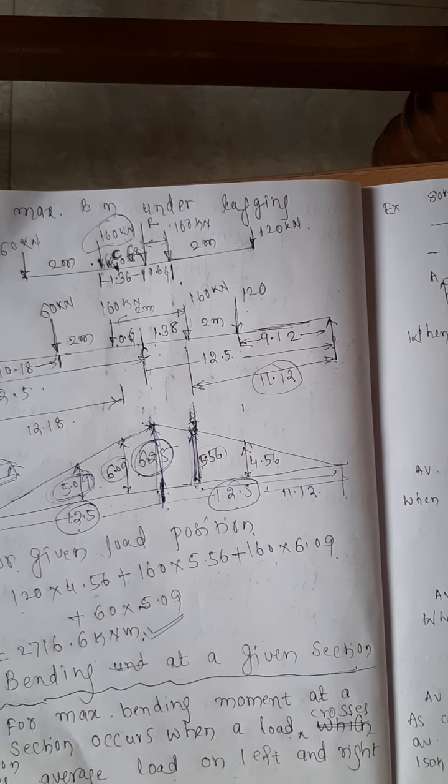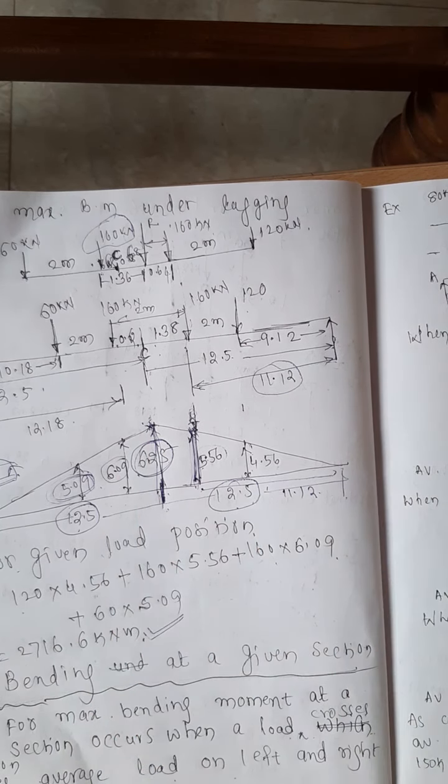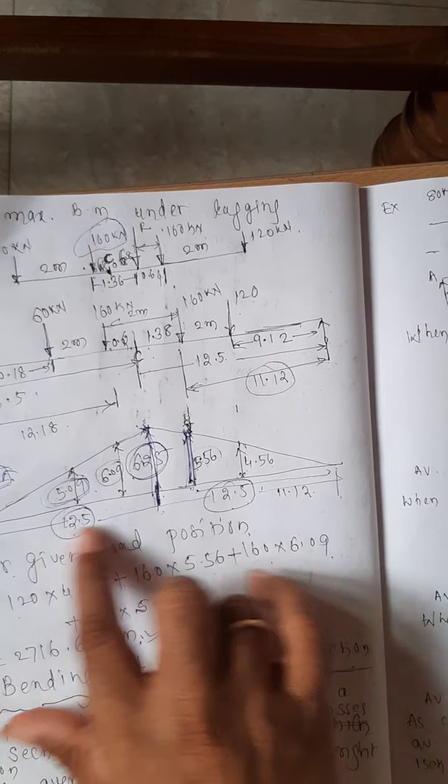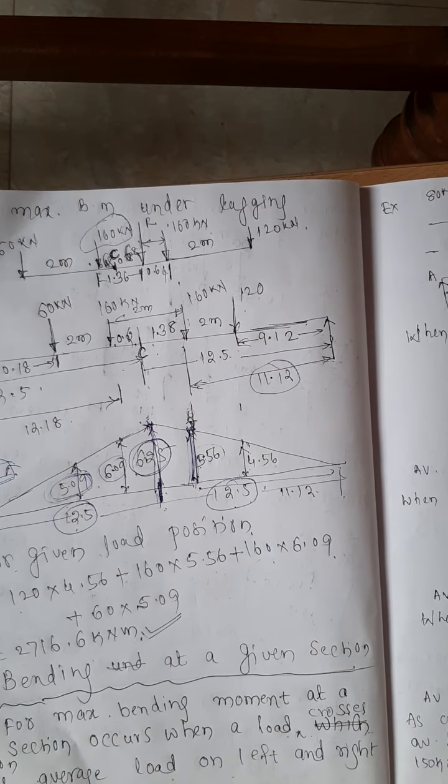If you ask the absolute maximum bending moment or maximum bending moment under the load, at that time you draw the influence line diagram for the bending moment at the center of the beam.